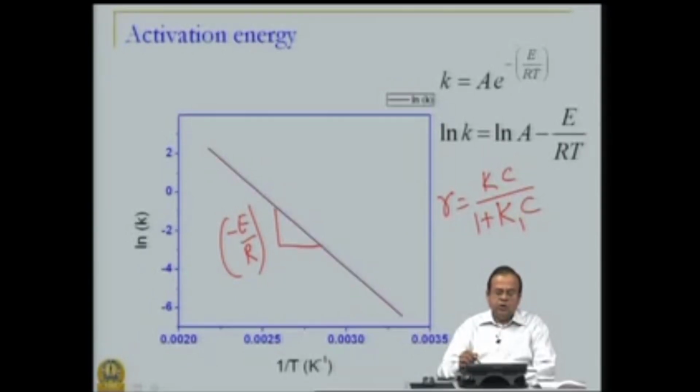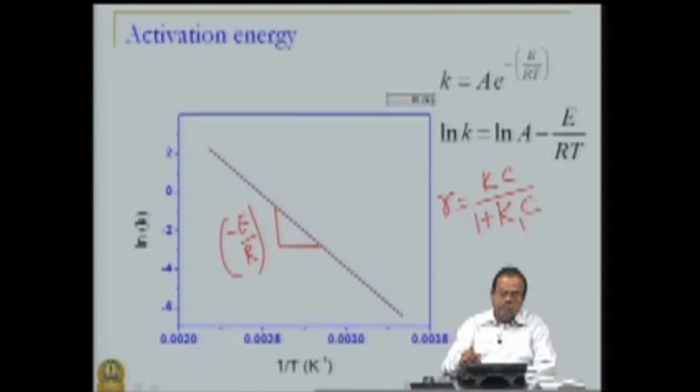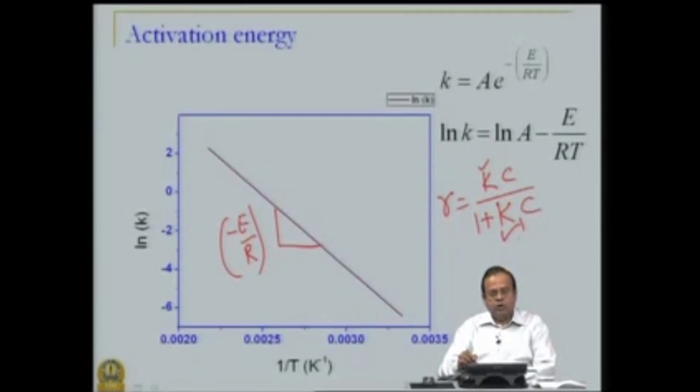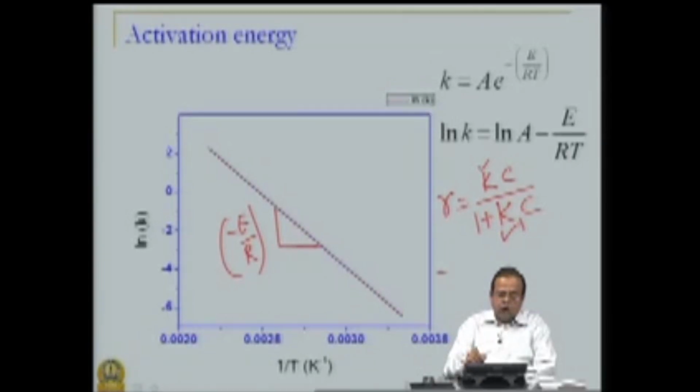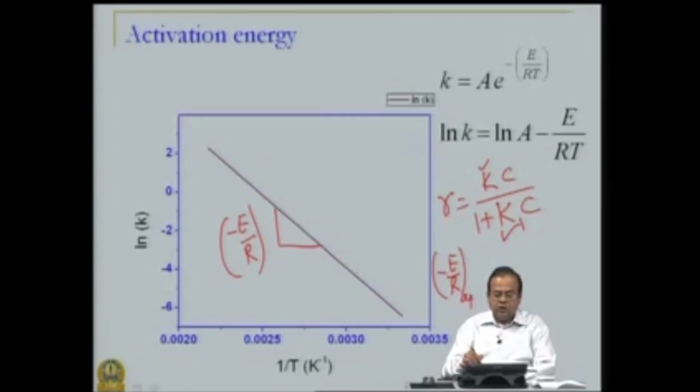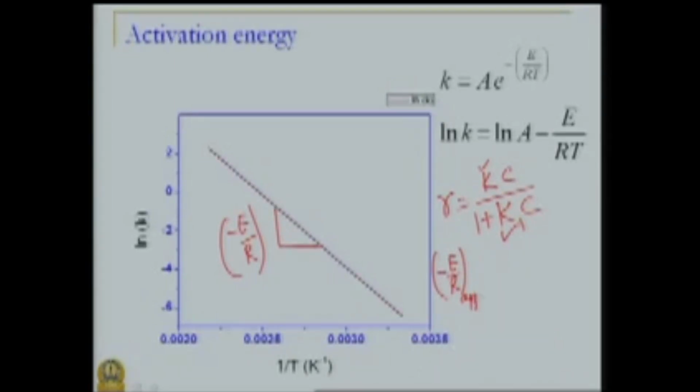So, if we have something like this, then we know K is a function of temperature, and capital K1, this equilibrium constant, is also a function of temperature. So, there is nothing like a single activation energy, because both of these are functions of temperature, but we can define the apparent activation energy, or minus E by R, and what will that be?